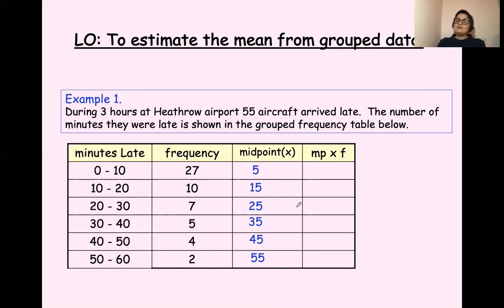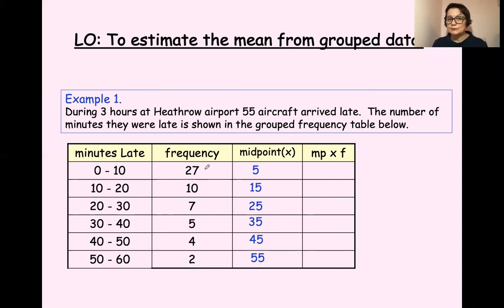Now, if you remember from my previous video, to calculate the sum of all the data, we added another column on the right-hand side where you multiply the frequency by the numbers we have. In this case, the number is the midpoint.